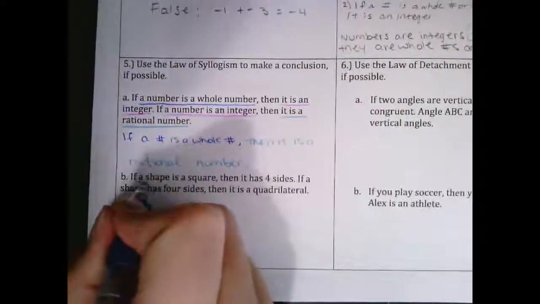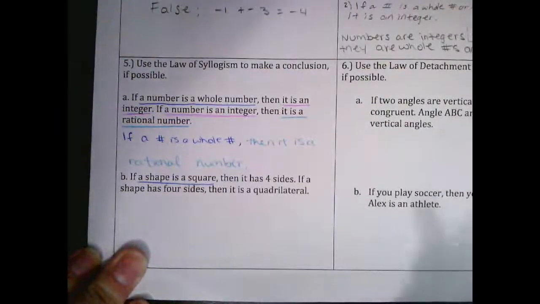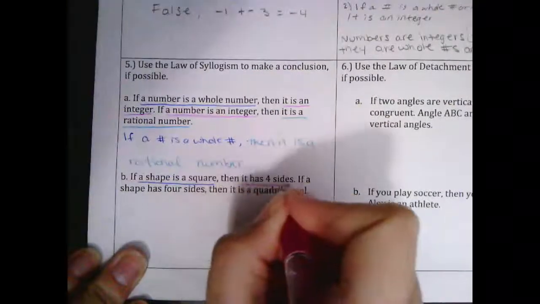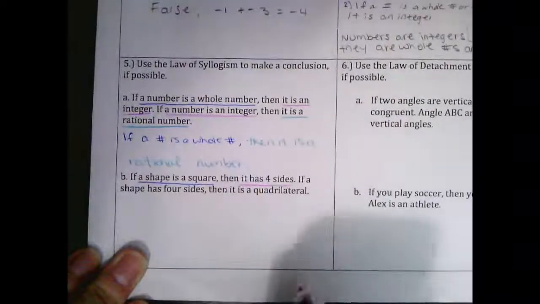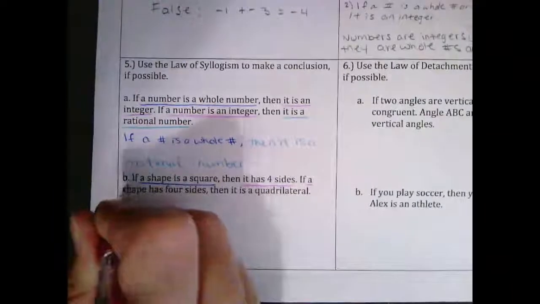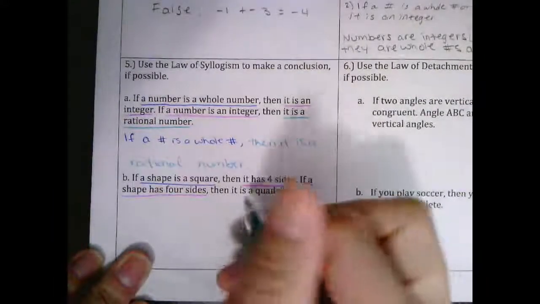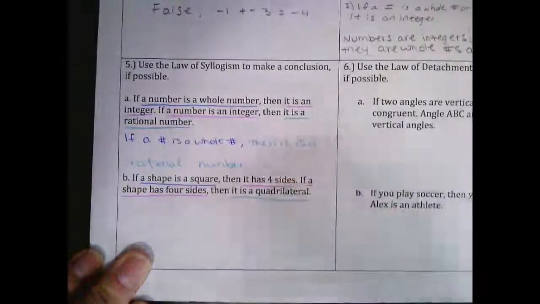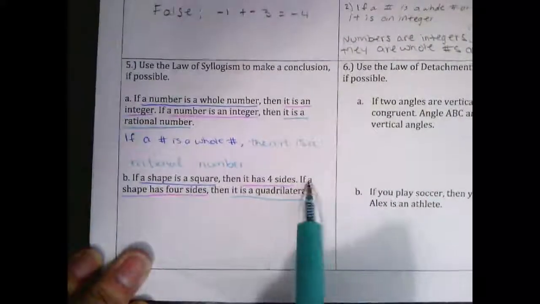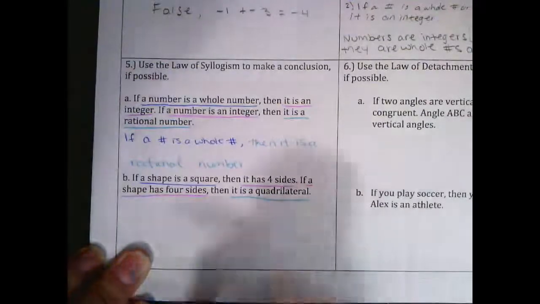If a shape is a square, so a shape is a square is your hypothesis, then it has 4 sides. So it has 4 sides is your conclusion. If a shape has 4 sides, okay, then it is a quadrilateral. So it is a quadrilateral would be your conclusion. All right, so as long as these two are the same color, so this is Q, then we can make a conclusion.